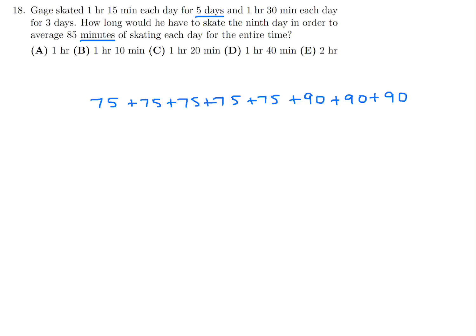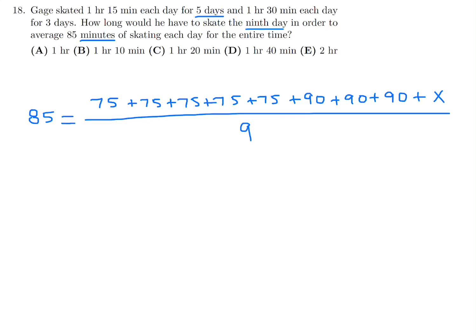And then on the 9th day, that's what we have to figure out, how long. So I'll call that X. And this is the average of 9 days, so all of this is going to be over 9, like that. And they want this average to be 85. Okay, so let's do the math here. Cross multiply 9 times 85, so we get 765, and then add all this up.